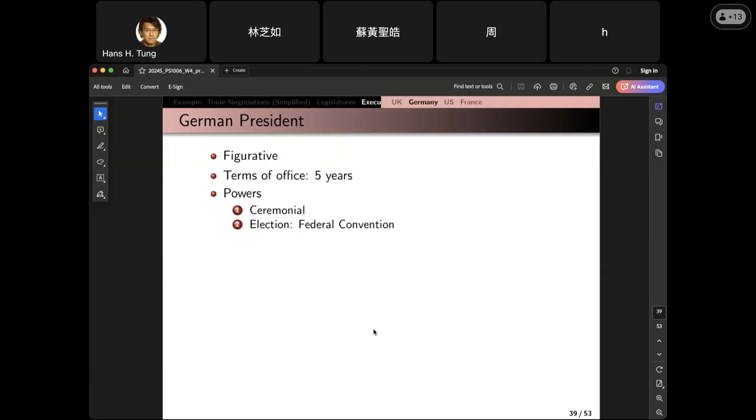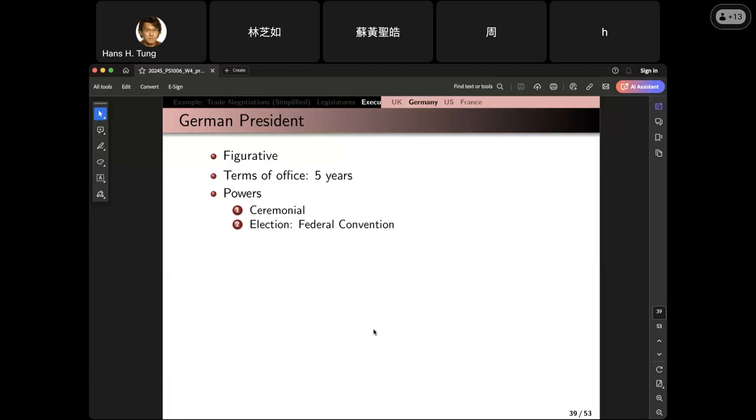So the first cohabitation happened for about 2 years, from 1986 to 1988. During that time, you have two players, basically. One is the president back then, the leftist, François Mitterrand. And then the prime minister, the rightist, Jacques Chirac.